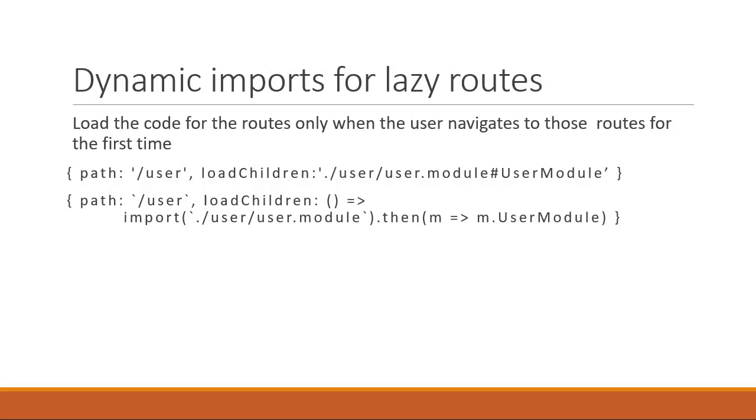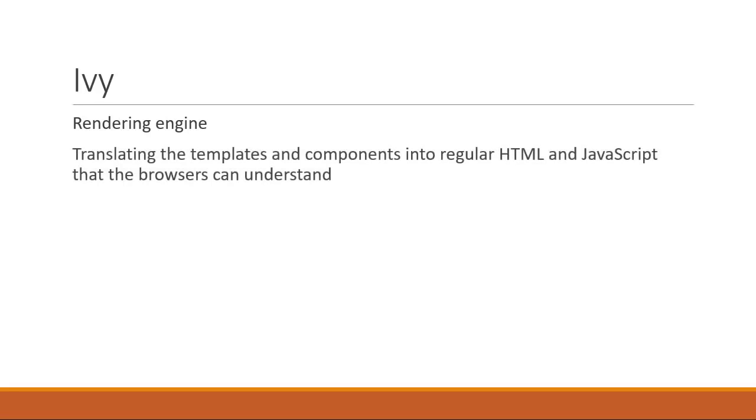The next topic is about Ivy. Ivy is the rendering engine that the Angular team is currently working on. It basically handles translating the templates and components into regular HTML and JavaScript that the browsers can understand. Ivy is the latest rendering engine and will enable cool features in the future, but for now, even with the release of version 8, it is still not stable.